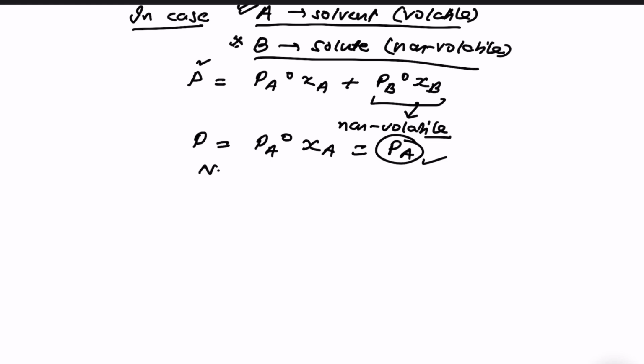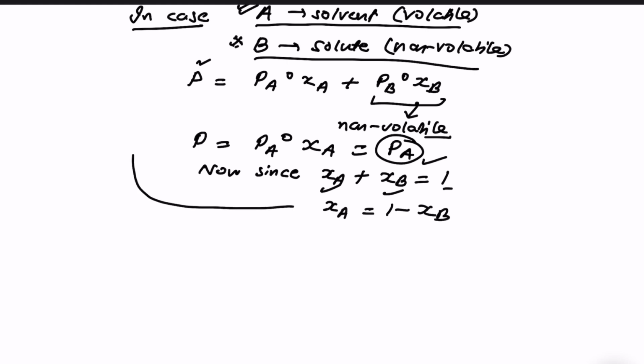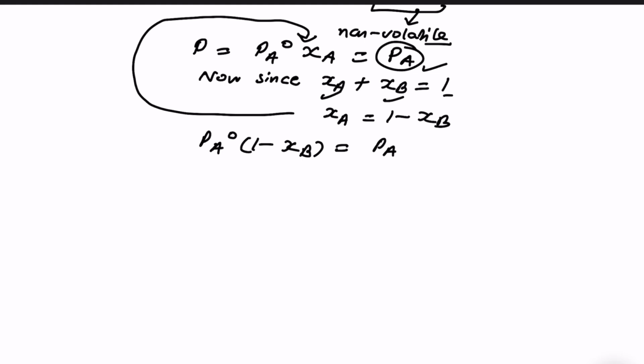Now we know that the sum of the mole fractions of the components of a solution is 1. So XA plus XB is 1, and I can write XA is equal to 1 minus XB. Now I can substitute this value of XA here. So I will get PA naught into 1 minus XB equal to PA. Remember, I am taking A as the solvent and B as the solute.